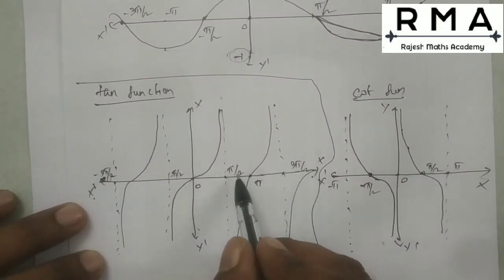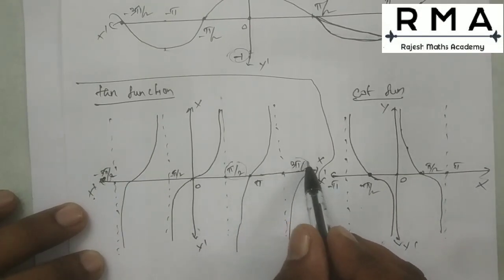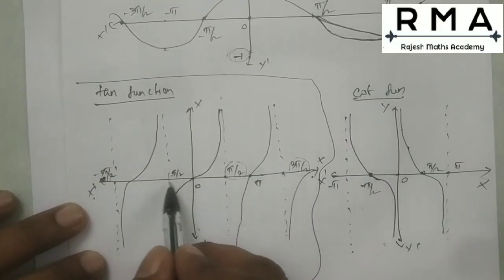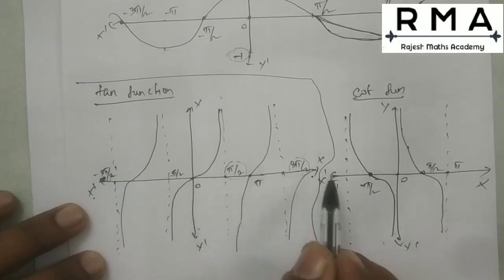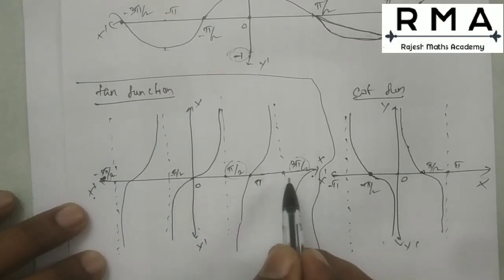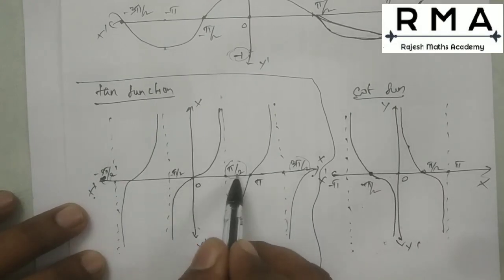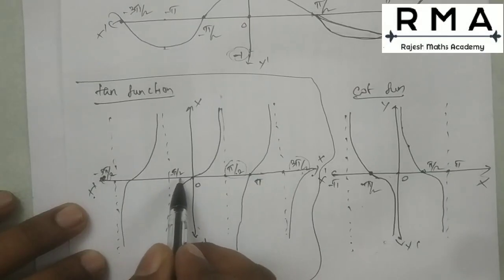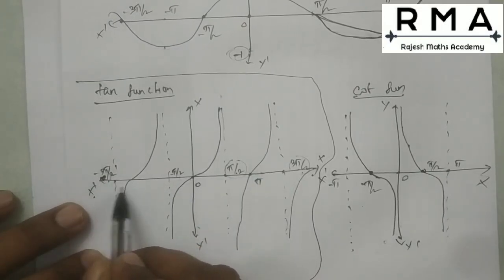At every odd multiple of pi by 2, that is pi by 2, 3 pi by 2, 5 pi by 2, 7 pi by 2, and similarly minus pi by 2, minus 3 pi by 2, the function is not defined. So we exclude these from the domain.